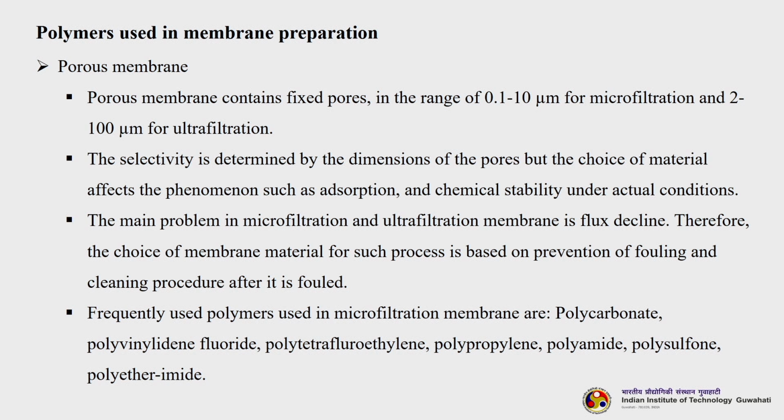Now, the main problem in microfiltration and ultrafiltration is the flux decline. This we have discussed in the last class. Therefore, the choice of membrane material for such processes is based on prevention of fouling and cleaning procedure after it is fouled. So, frequently used polymers in microfiltration membranes are polycarbonate, polyvinylidene fluoride, which is PVDF, then PTFE, polytetrafluoroethylene, polypropylene, polyamide, polysulfone, polyetherimide.